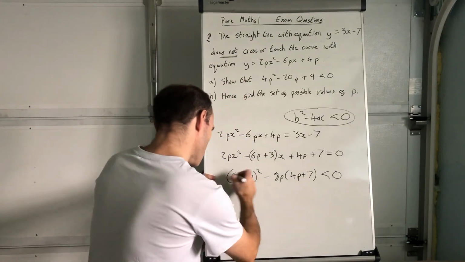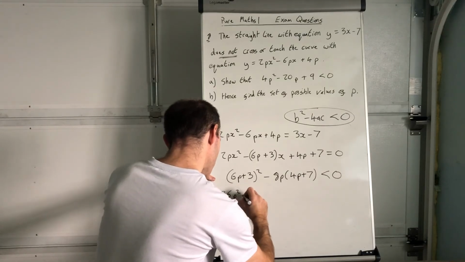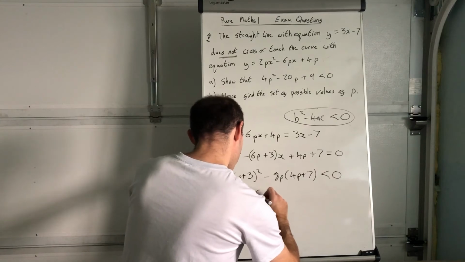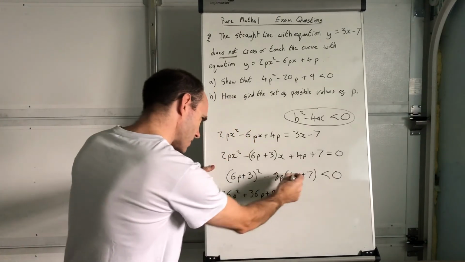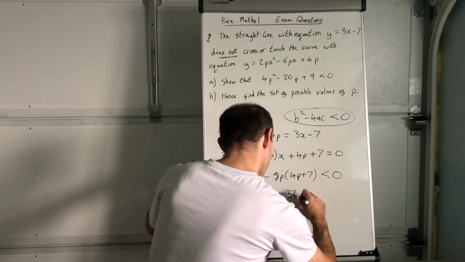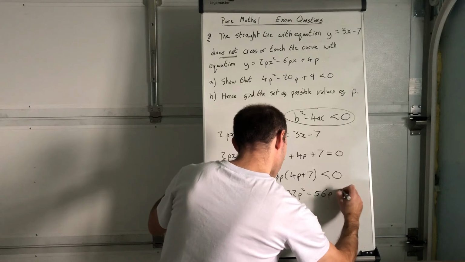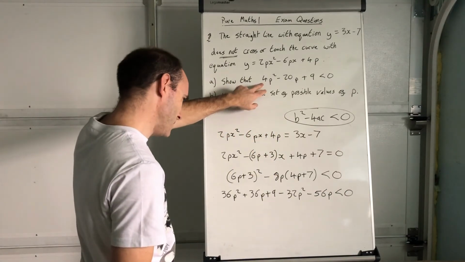And then we'll just expand the brackets here. 36p squared plus, that's 18 times by 2, it's 36p plus 9, and then here it's going to be subtract 32p squared subtract 56p less than 0, and I'm hoping we're going to get to that there.